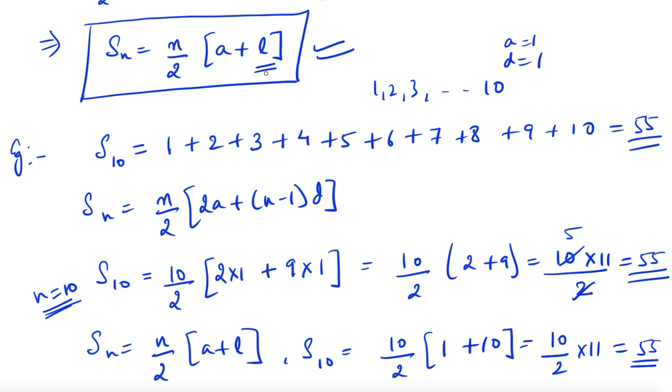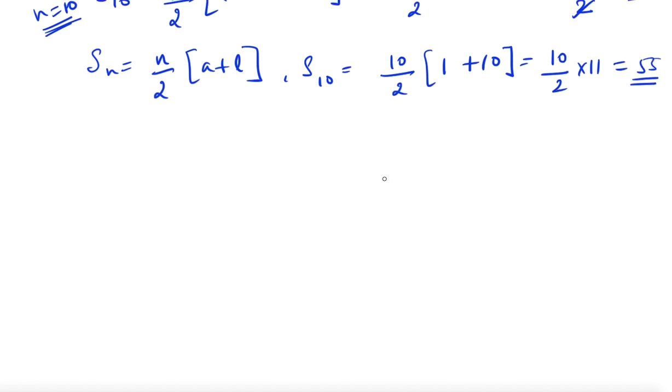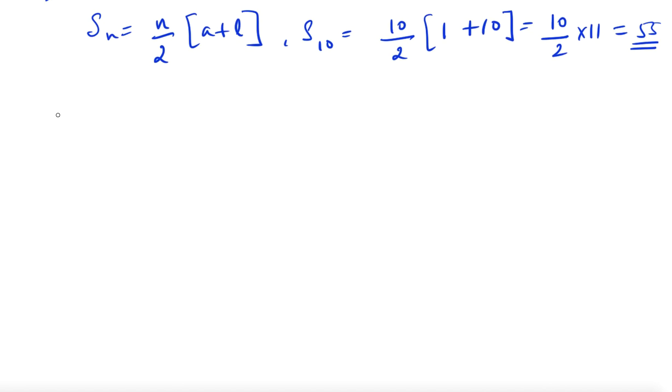This formula we use generally when we know the last term. I'll tell you when to use what. Suppose the series was given like 1, 2, 3, 4, 5 and it continued like this, and the question was to find the sum of the first 50 terms of this arithmetic progression.